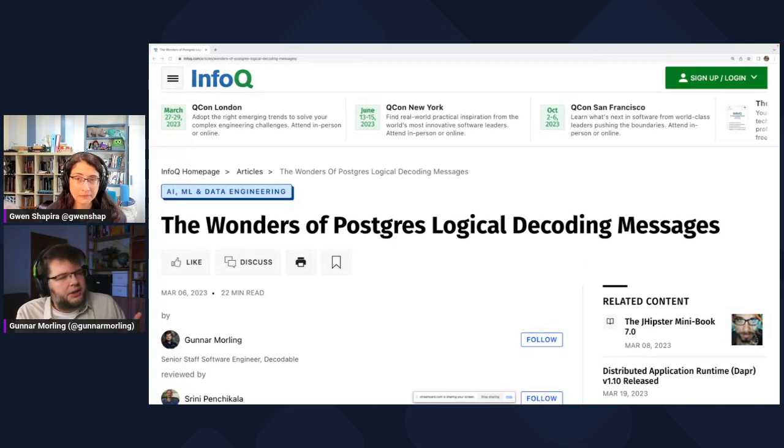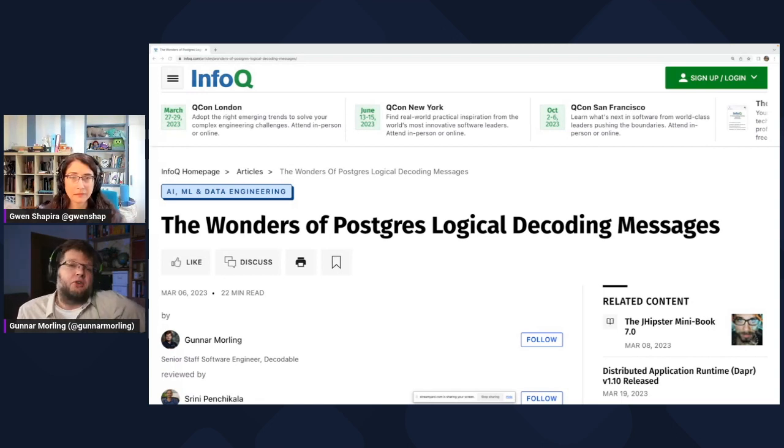A, for transaction recovery: in case things go wrong, the database can restart and reach a consistent state again. And then also it's often used for replication purposes. If you tap into this transaction log, and that's exactly what Debezium does, then you can replicate the data from a database into other representations of the data. And the Postgres internal replication mechanism is based on that.